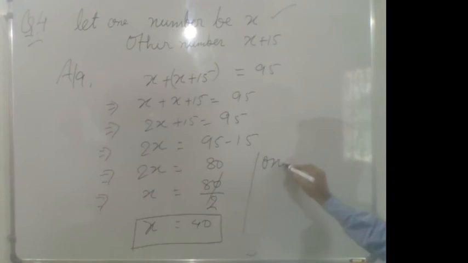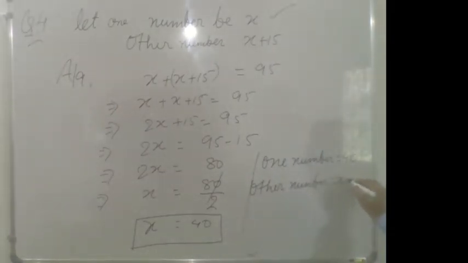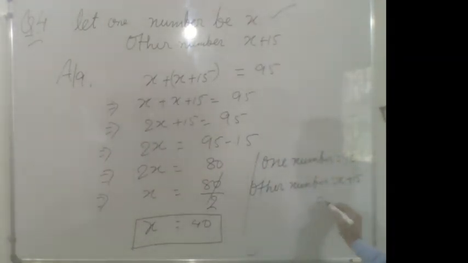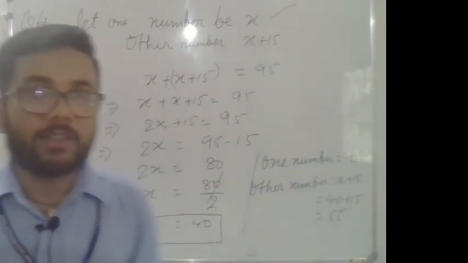So one number is equal to 40, and the other number is equal to x plus 15. That is why 40 plus 15 is equal to 55. Is it clear?